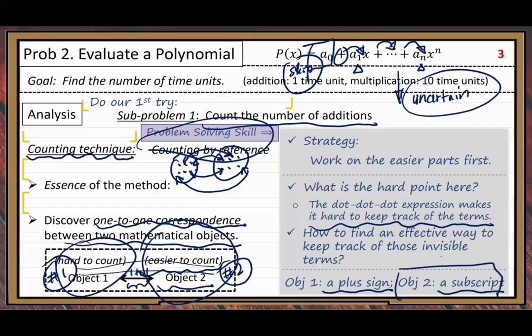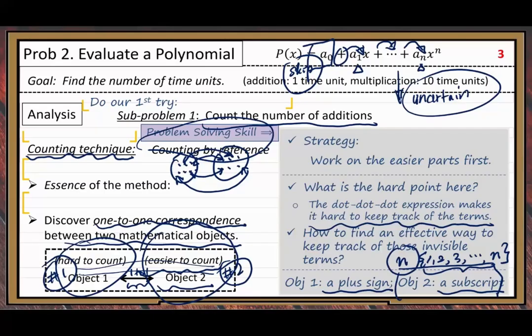So let's look at all the subscripts: 1, 2, 3, all the way to the last one, n. When we count the number of subscripts in this set, how many? It is much easier. The number of subscripts is n.